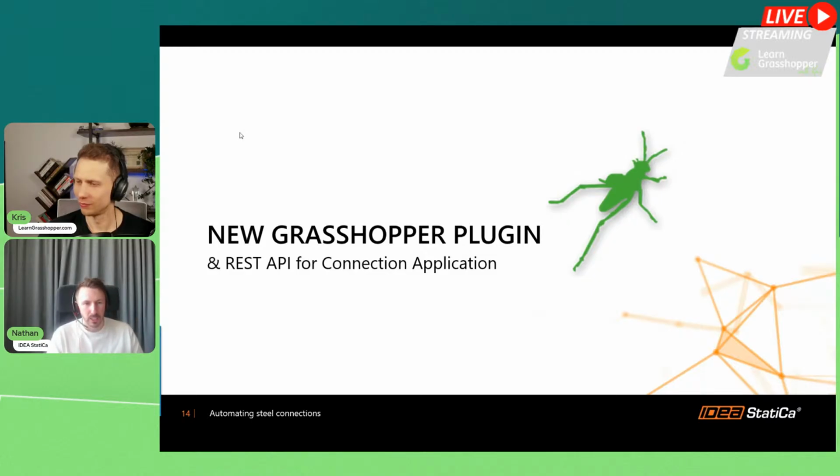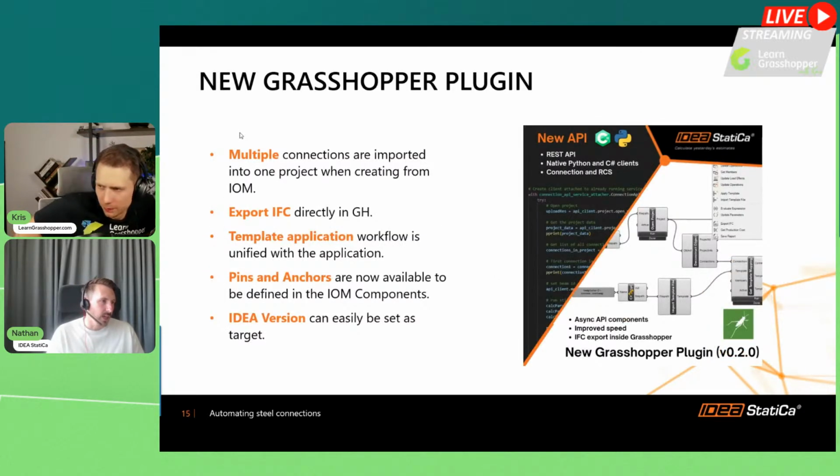Since we last spoke, nearly a year and a half ago, we have made some enhancements in our back end. We have released a new connection API, which is based on REST technology, and with that we have also released a new Grasshopper plugin.